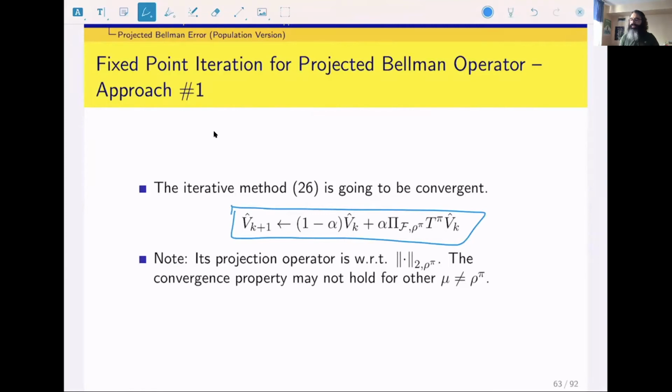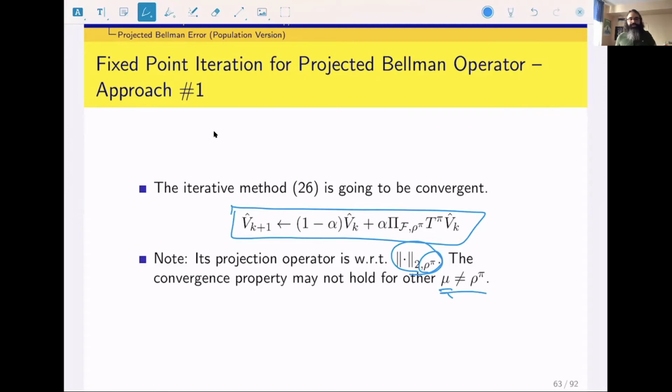One important comment is that this is with respect to the projection operator with respect to rho pi. If we used some other norm for the projection, mu, we wouldn't necessarily have the non-expansiveness property.